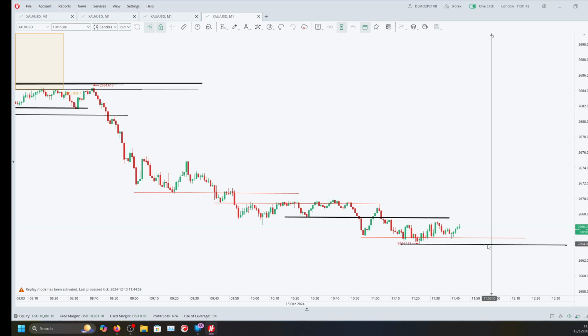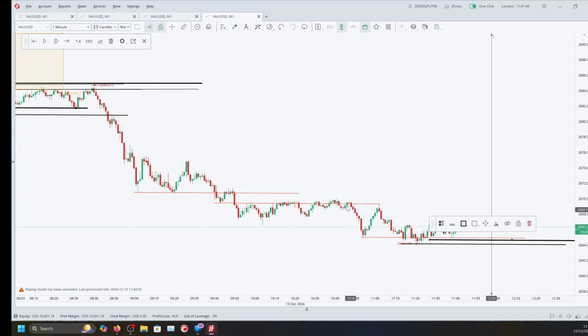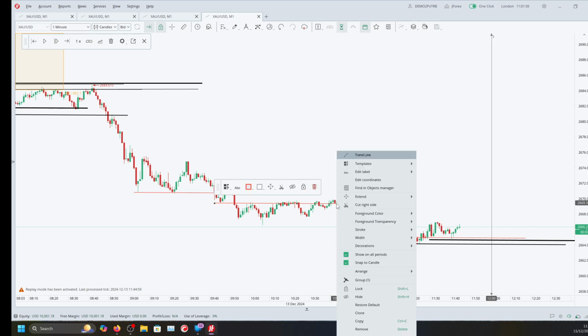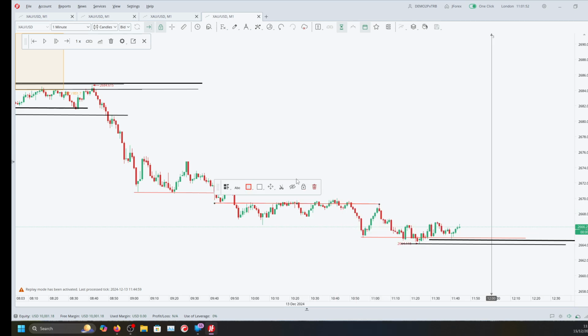Now look, we see price, you see again it's failing to make a new low, so you're just wary of price breaking structure.